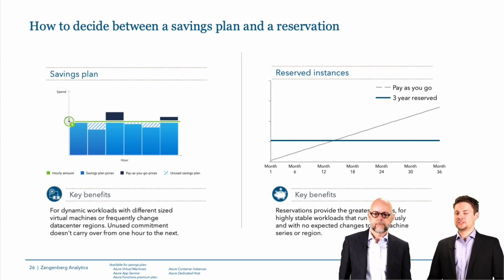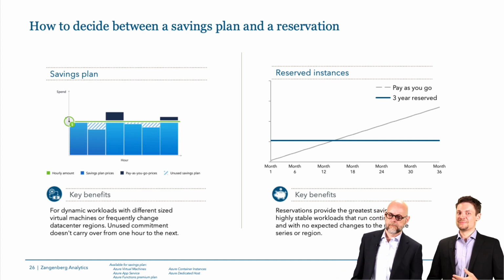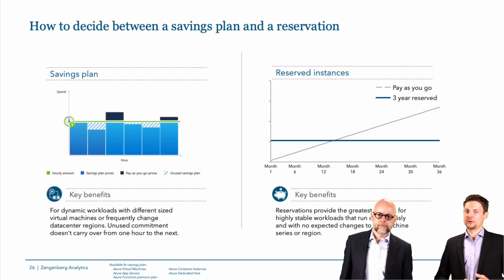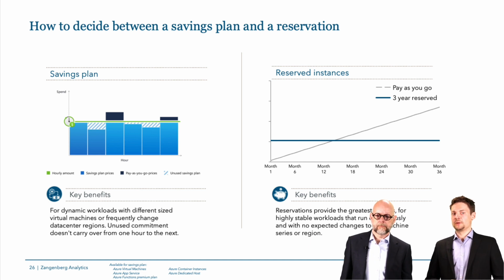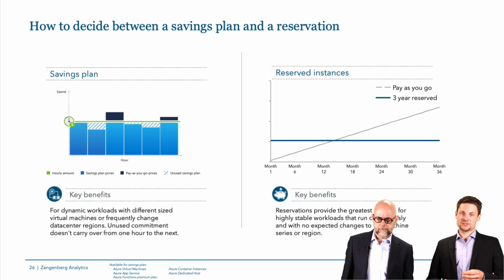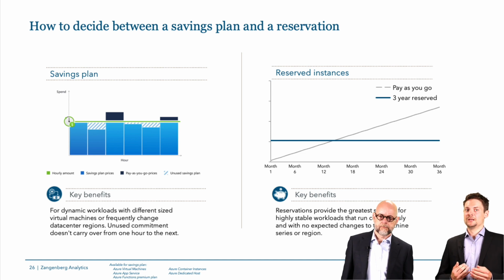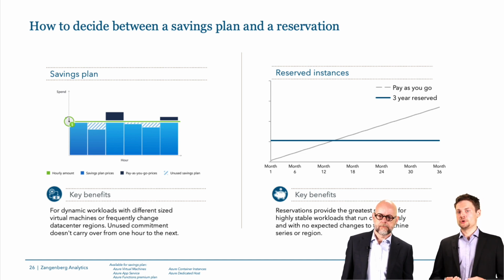So you can see at the line, if you don't use all your capacity, then the money is not wasted, but it goes unused. And when you go above the savings plan, you pay as you go. It gives a lot more flexibility because you have not reserved your instance, so you can change version, you can change series, and you can shut down servers, but you just need to make sure that the amount of compute you use is still at the level of your savings plan.